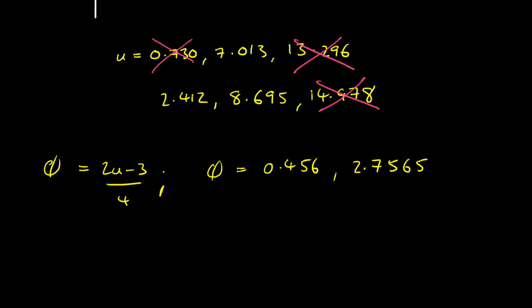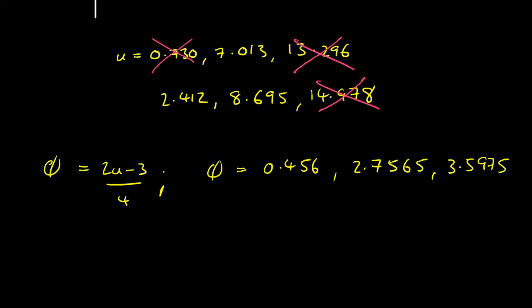And then 8.695, the last one, this guy. I'm going to double it, subtract 3, and divide by 4, which is 3.5975. Okay, so I think those should be my answers. Now I probably have to put them to 2 dp, something like that. I just want to double check.